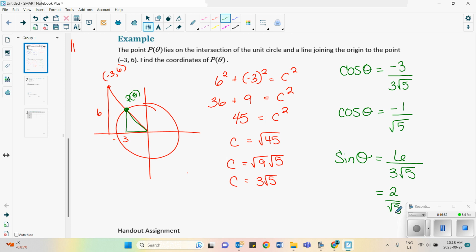So P theta has a coordinate of -1 over root 5 and 2 over root 5.